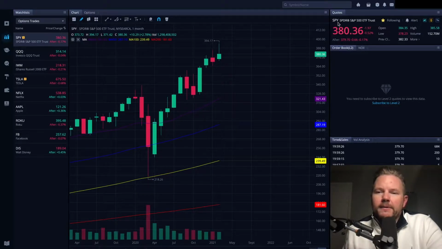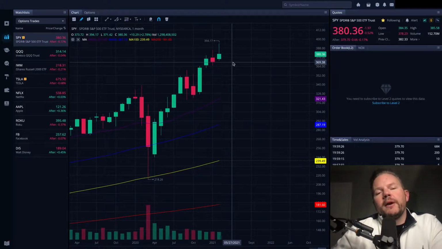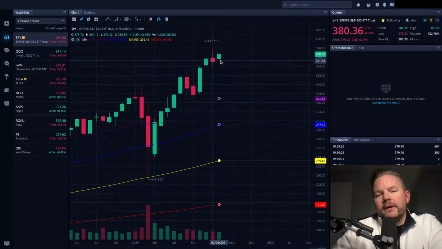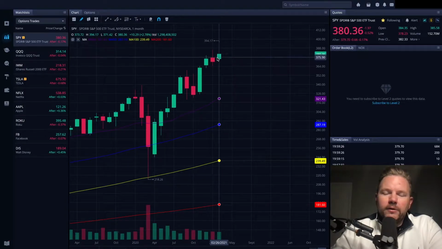So SPY, as we look at the February candle, this is a green candle. That means that for the month of February, SPY, or the S&P 500, closed higher than it opened. Okay, you can see this filled-in part, which we call the body of the candle.